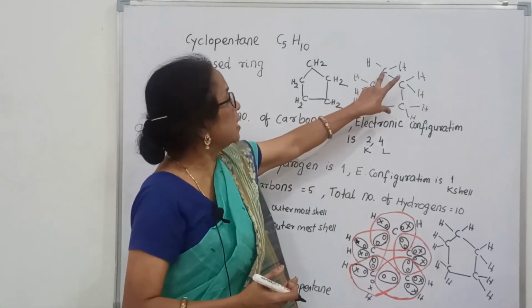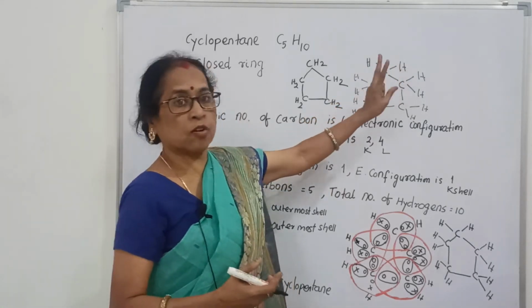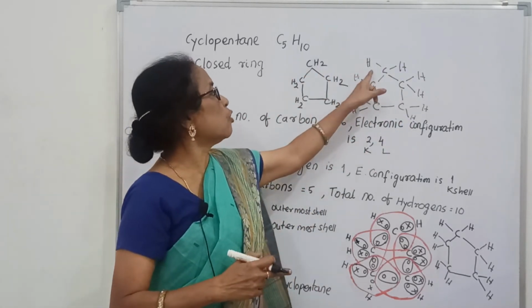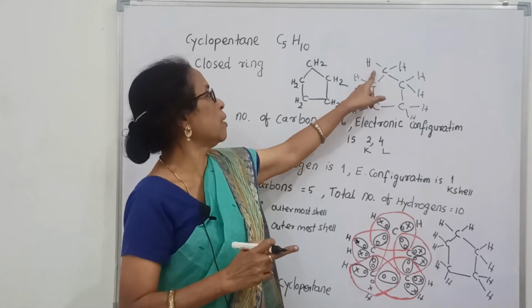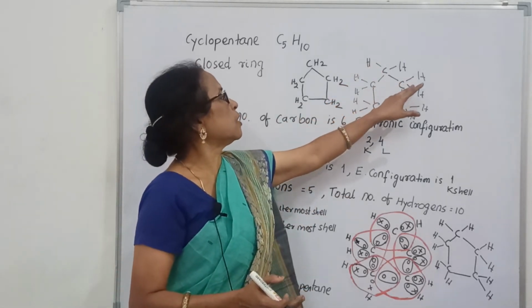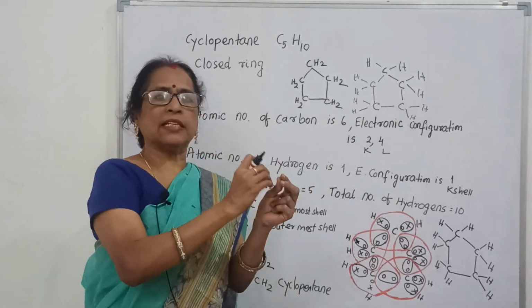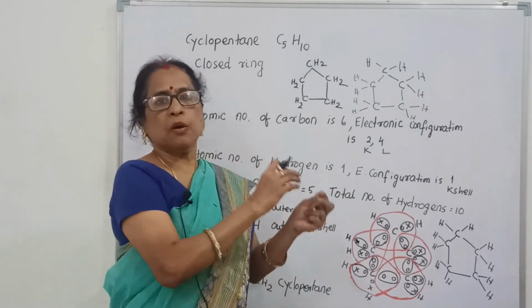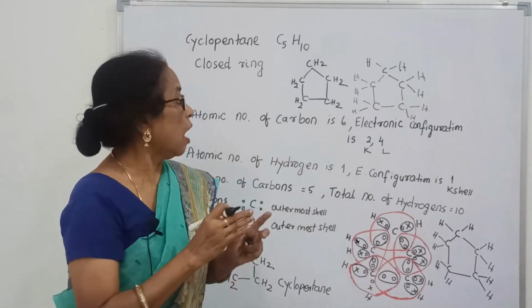Now here you can see CH, that is a pair of electron, one from carbon and one from hydrogen. Here also a pair of electron gives one covalent bond, one from carbon, one from hydrogen. Here also same, everywhere where there is a CH bond, 1 electron from carbon, 1 electron from hydrogen.